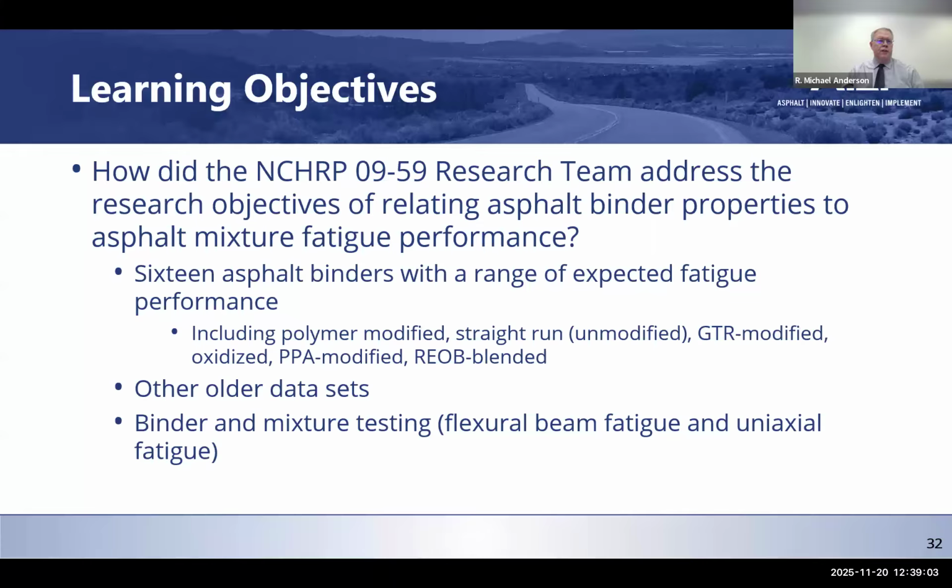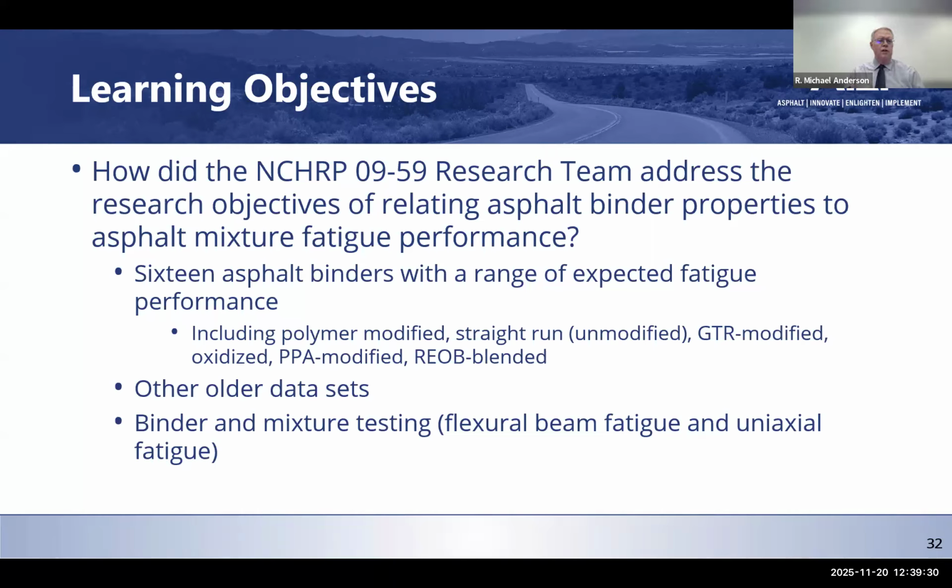How did the 959 research team address the objectives of relating binder properties to mixture fatigue performance? They largely relied on 16 asphalt binders with a range of expected fatigue performance that included polymer modified, straight run, GTR modified, oxidized, PPA modified, REOB, and VTAE blended materials.